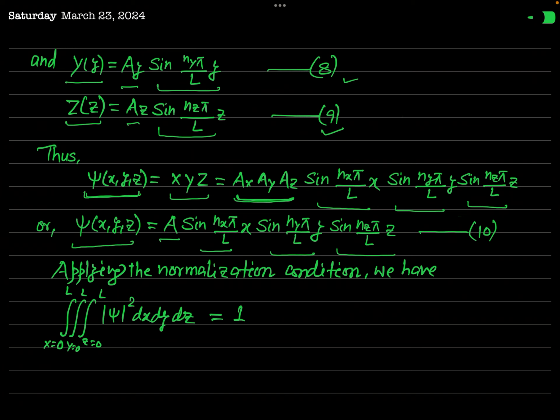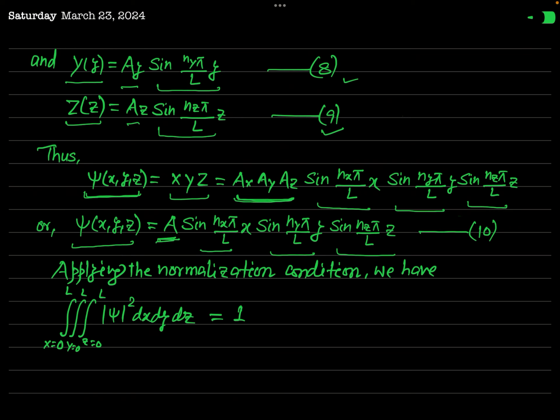But this constant A, which is actually called the normalization factor or normalization condition, is not known till now. And you have an idea that if your aim is to find this normalization factor, you must apply the normalization condition to our wave function.